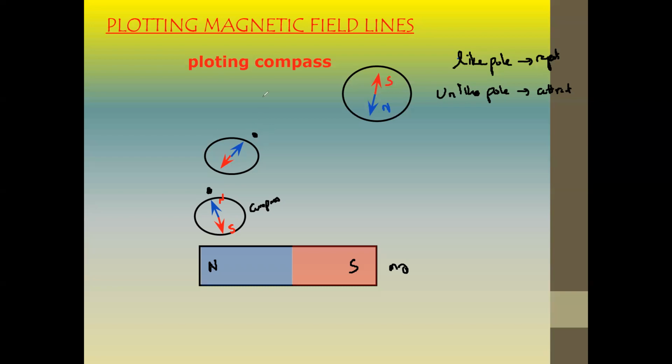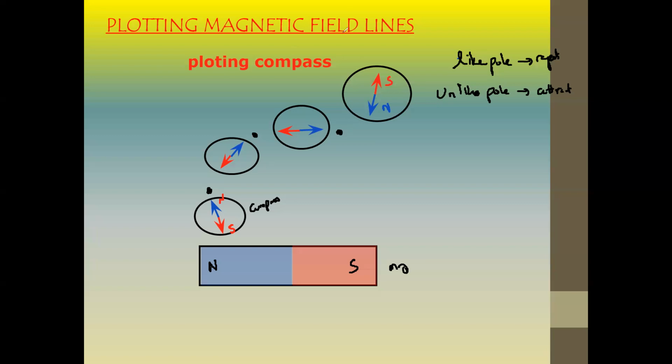Then again we move the compass until the last point which we marked comes in line with the needle of the compass. When the last point comes in line with the compass needle, we will mark another point.